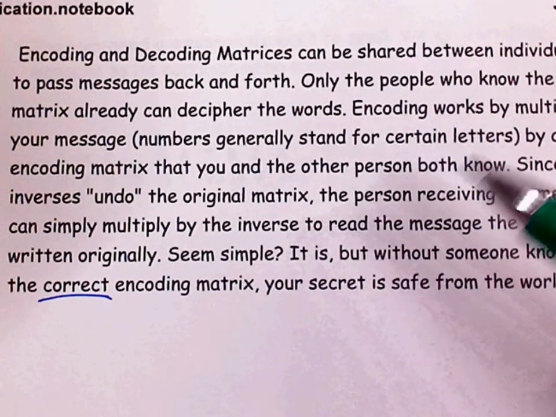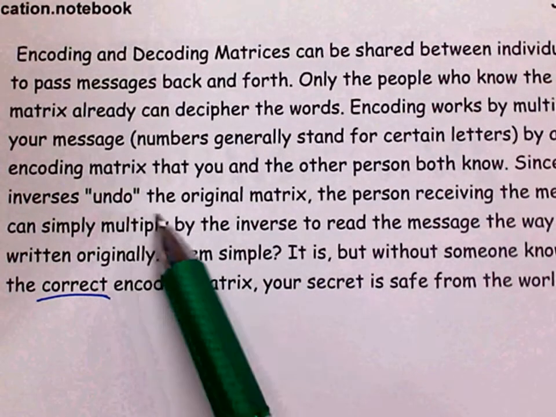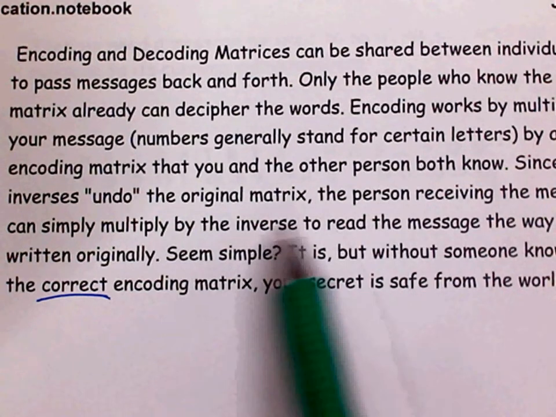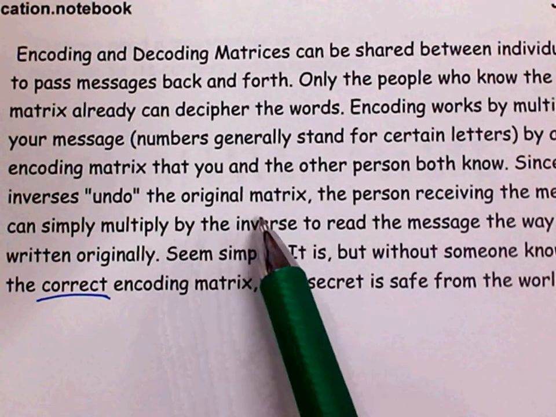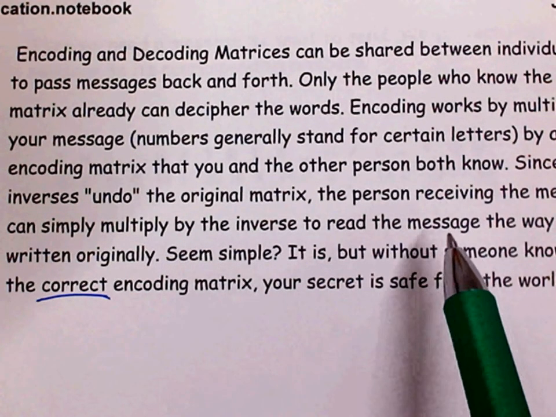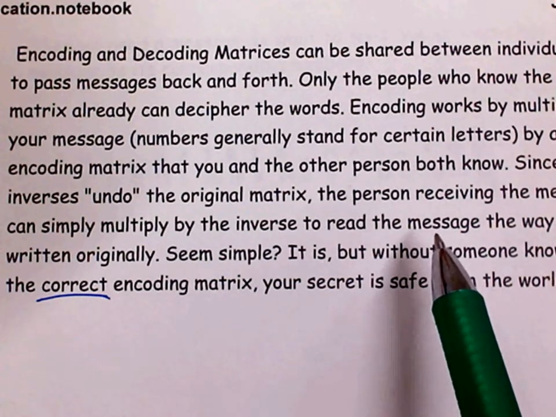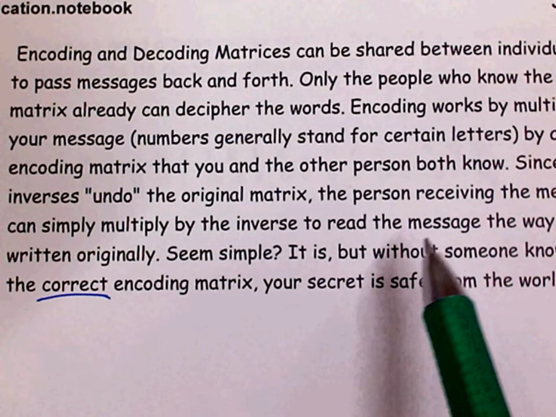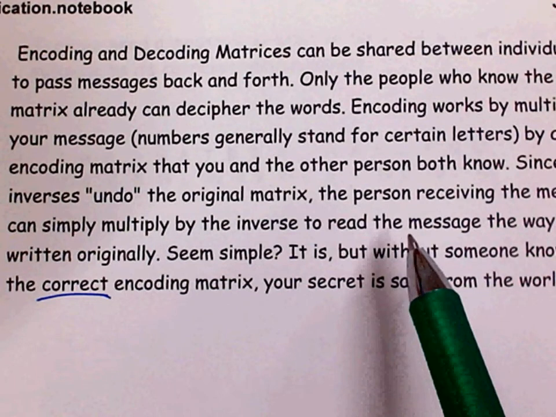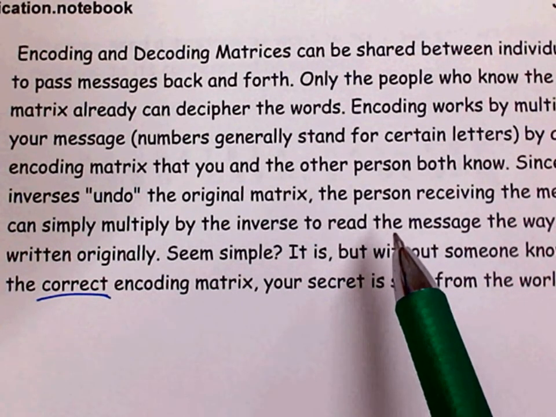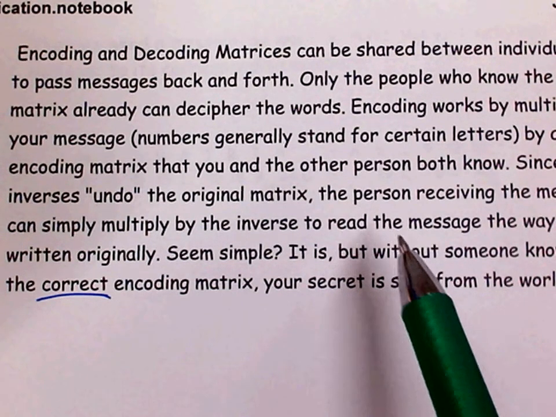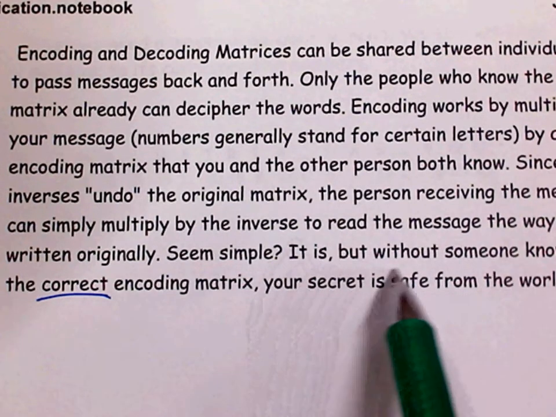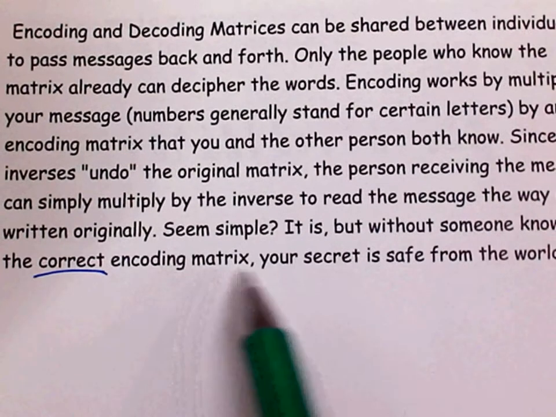Since inverses undo the original matrix, the person receiving the message can simply multiply by the inverse to read the message. On a national level, you would have done a lot more layers, more than just one 2 by 2 matrix. Here we're just going to do a 2 by 2. Without someone knowing the correct coding message, your secret is safe from the world.